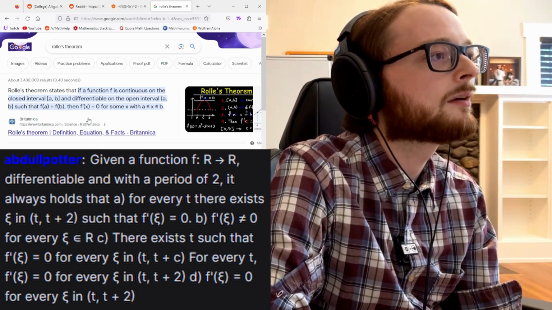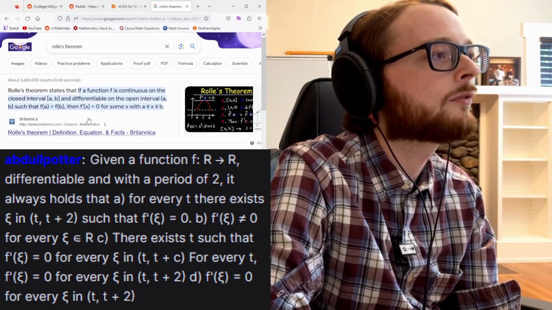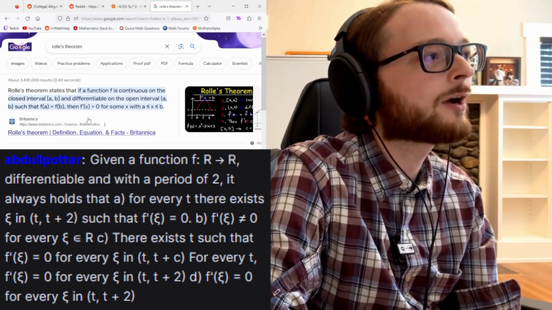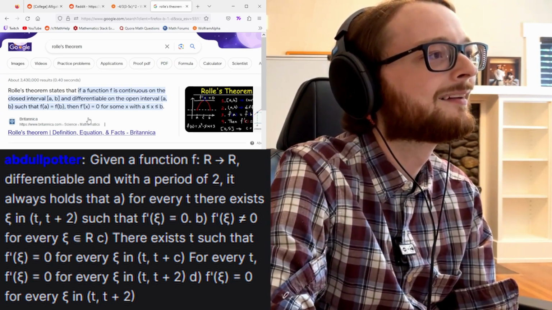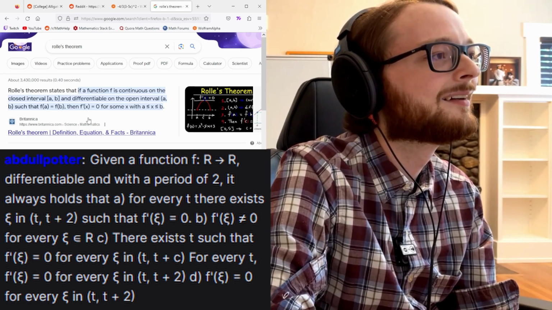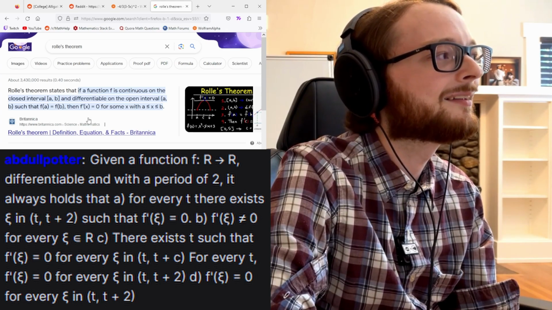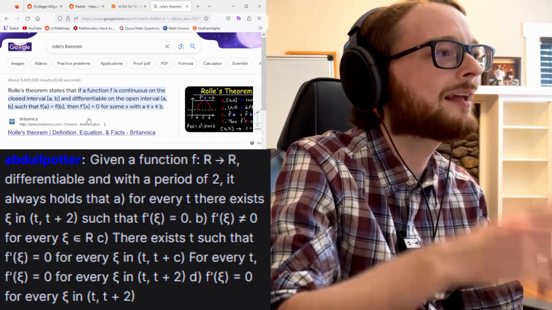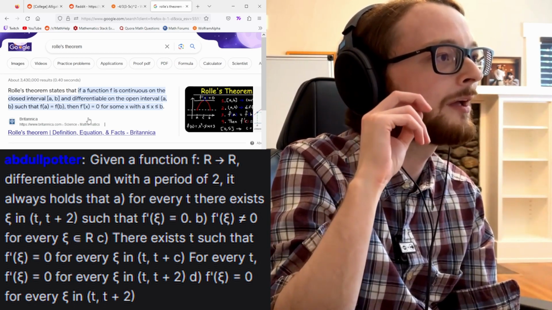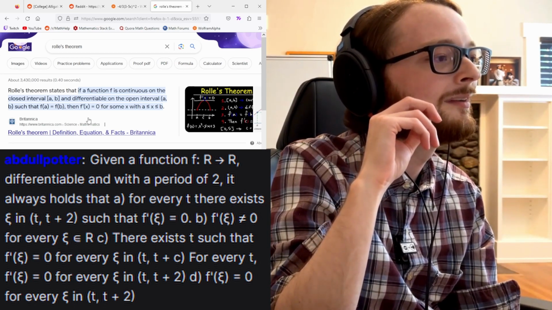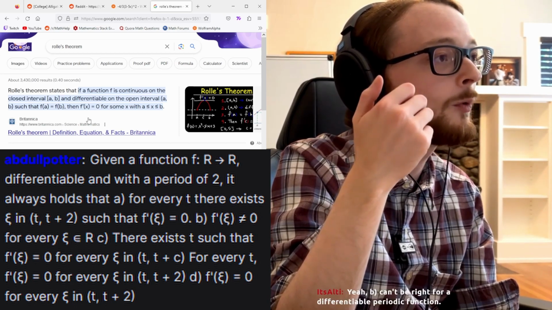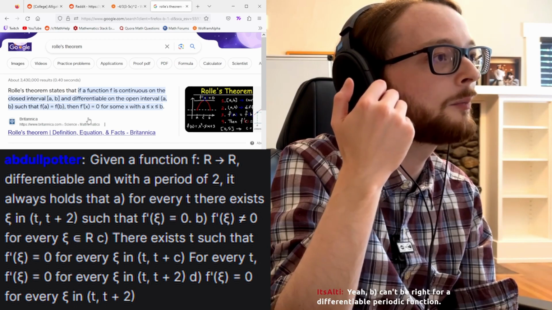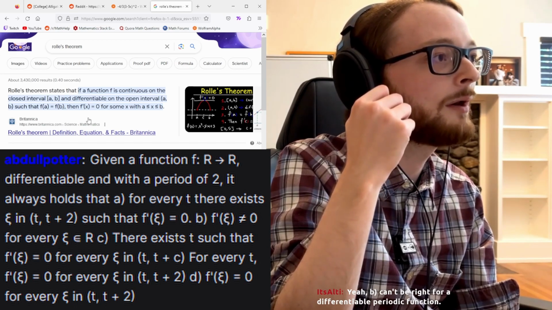B, f prime of psi is not equal to 0. Oh wait, A and B just contradict each other, so it has to be one of those. A and B are saying the exact opposite thing as far as I can tell. So by the way the question is asked, I think it has to be A or B. C, honestly, I don't even understand what that is saying.